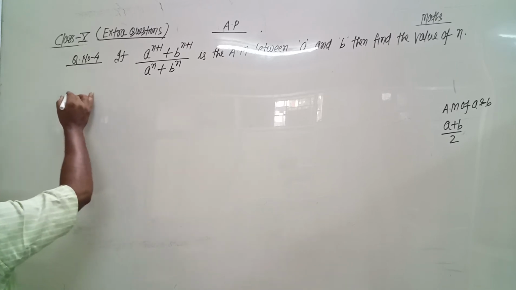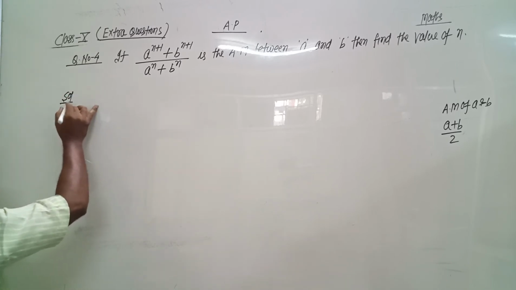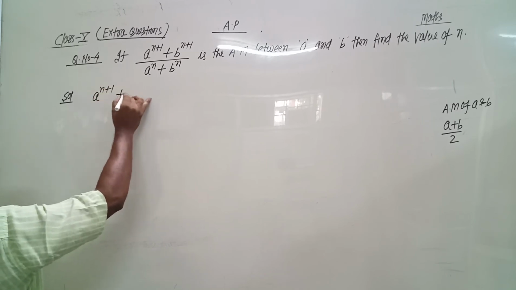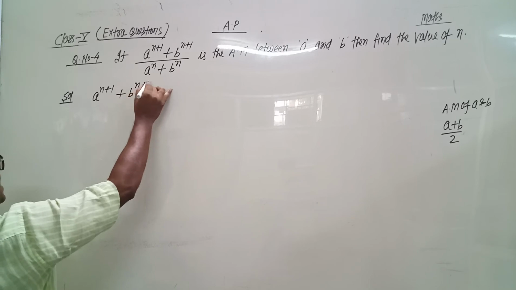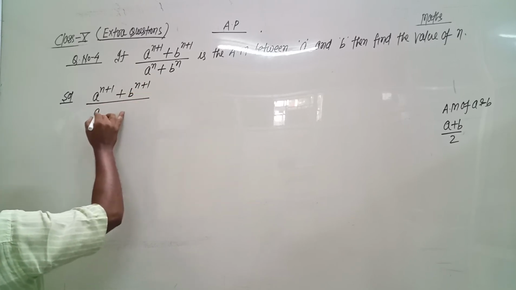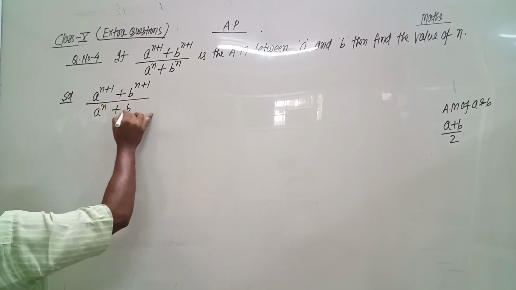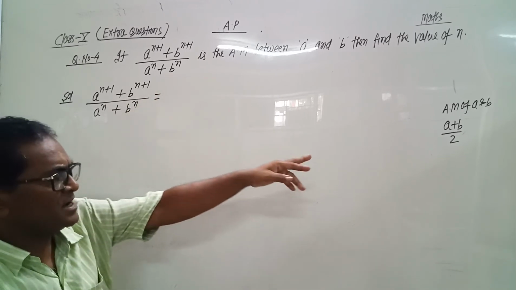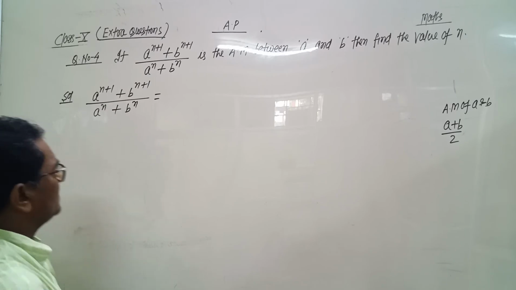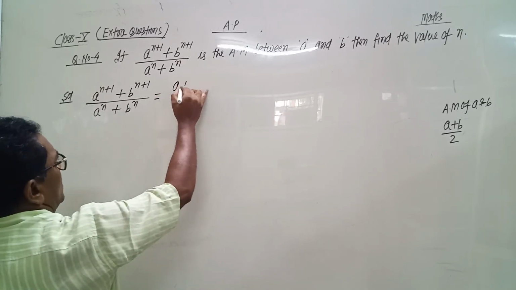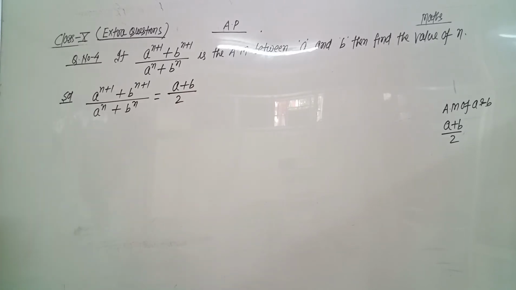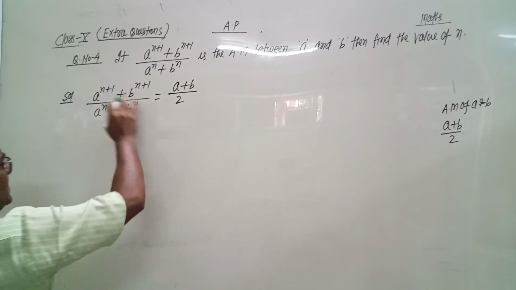So in the question it is given that a raised to the power n plus 1 plus b raised to the power n plus 1 upon a raised to the power n plus b raised to the power n is the arithmetic mean between two numbers a and b, and the AM of two numbers a and b is a plus b by 2. Now do cross multiplication.